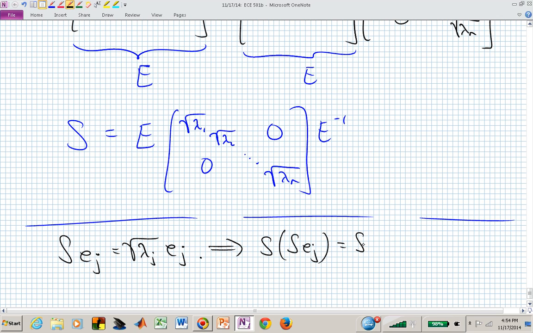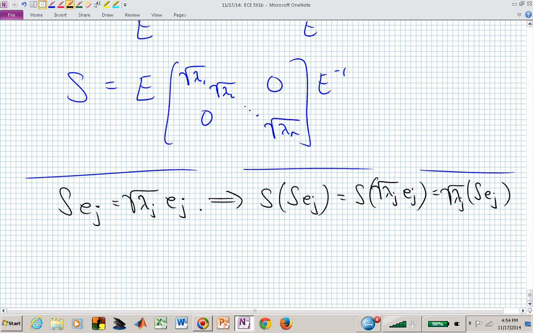But that's S square root of lambda sub j e to the j. Square root of lambda sub j is a positive scalar. That can slide outside the operator, S. I now have this square root of lambda sub j, S e to the j.